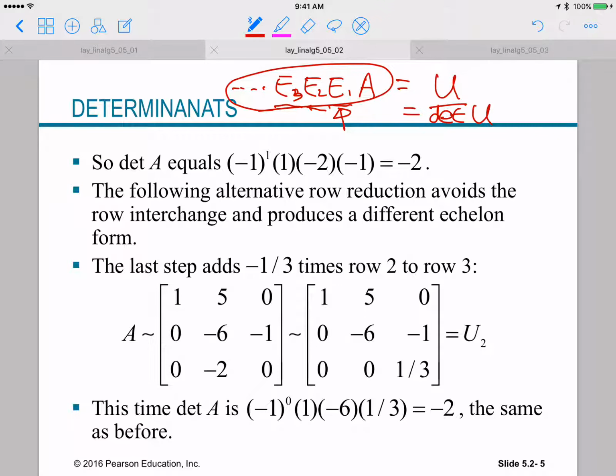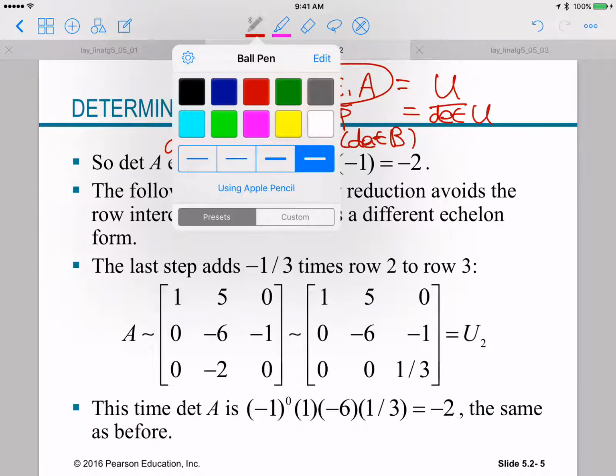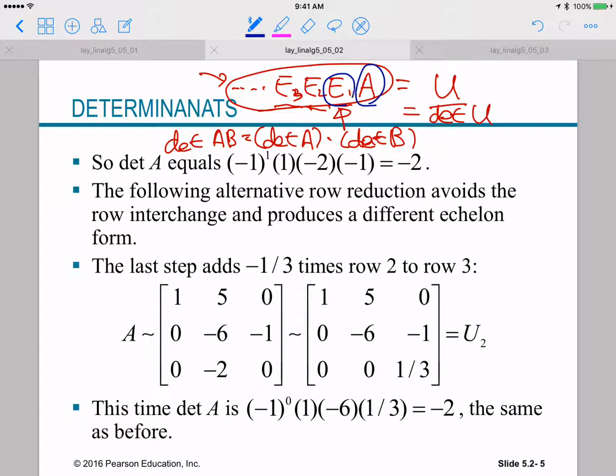You know the determinant of A times B is the product of the determinant of A and the determinant of B. So this part will be the determinant of A, times the determinant of this one, and so on.